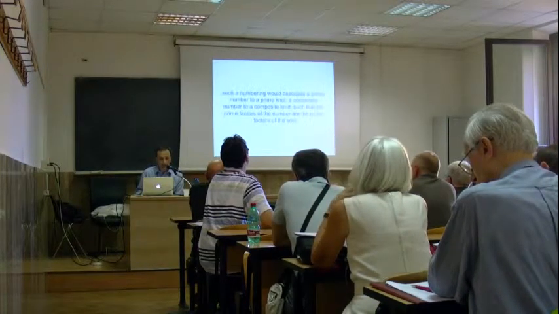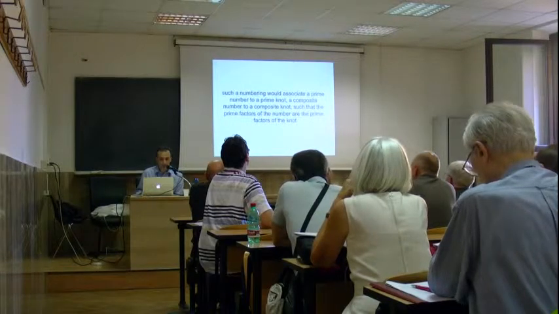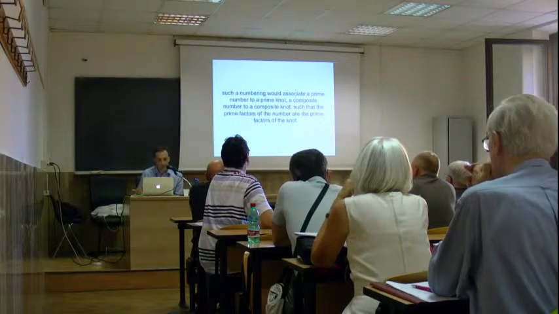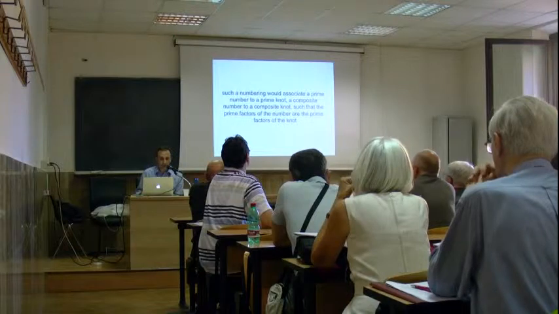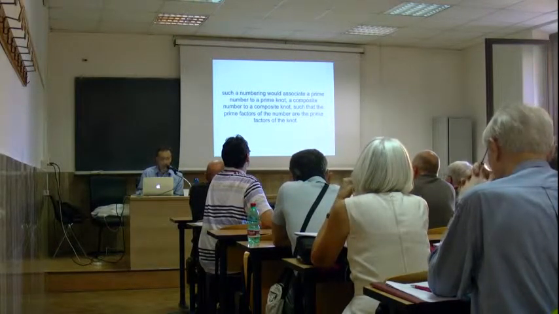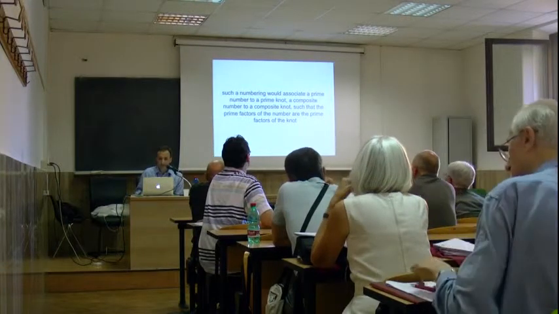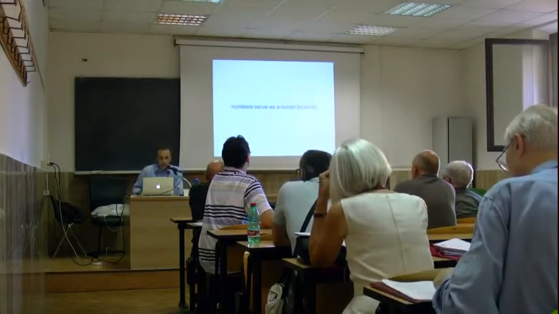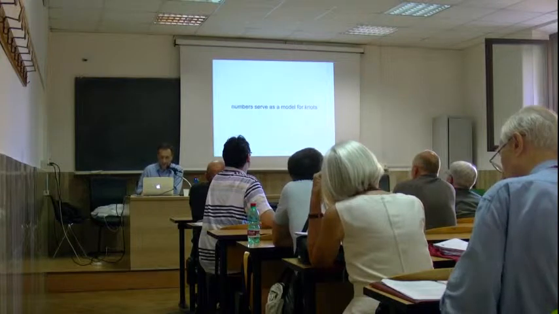So such a numbering, if any, would associate a prime number to a prime knot, a composite number to a composite knot, such that the prime factors of the number are the prime factors of the knot. So in this sense, number serves as a model for knots.